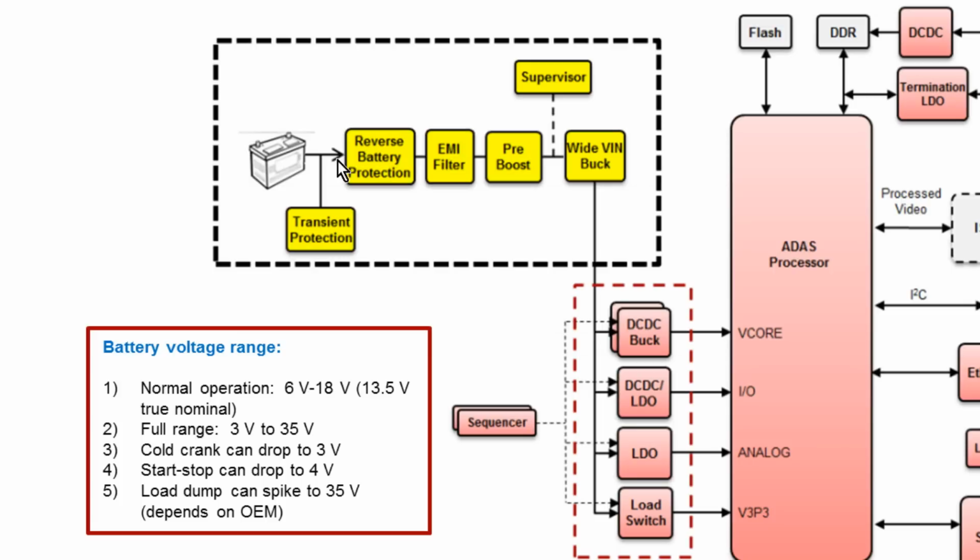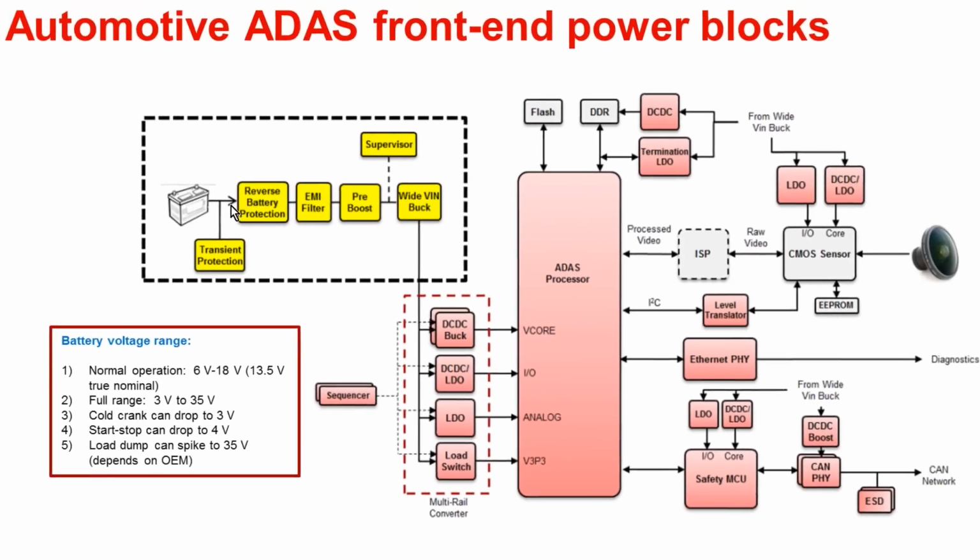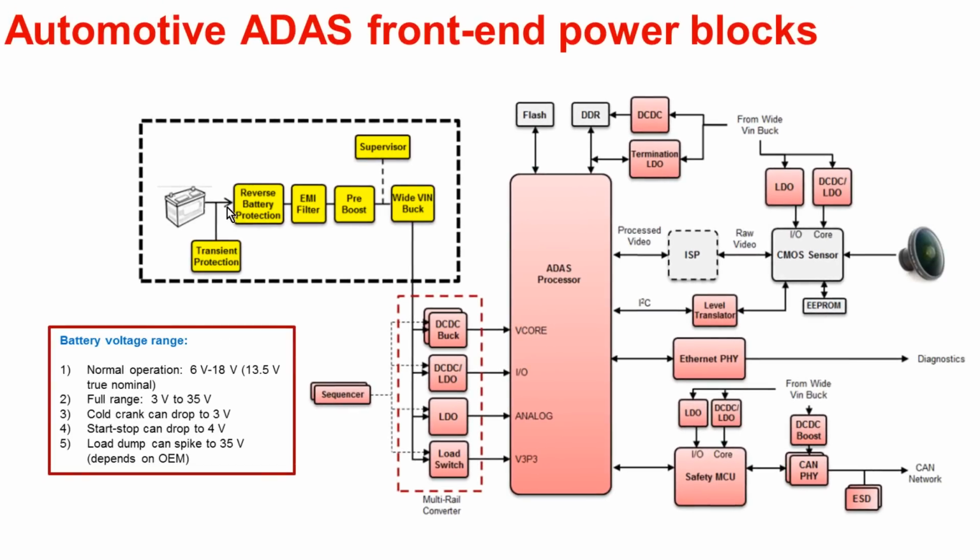Also, the system must clamp and filter high voltage electrical fast transients and maintain operation through them. These pulses include load dump, which is specified by OEMs and is about 27 to 30 volts, and it may include other transients outlined in the ISO 7637 Part 2 standard.